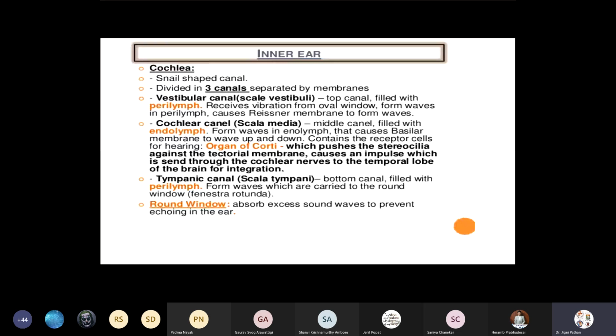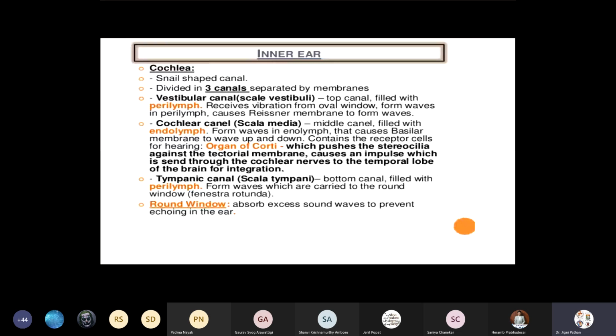The cochlea is a snail-shaped canal divided into three canals separated by membranes: vestibular canal, cochlear canal, and tympanic canal. So how does the cochlea look?